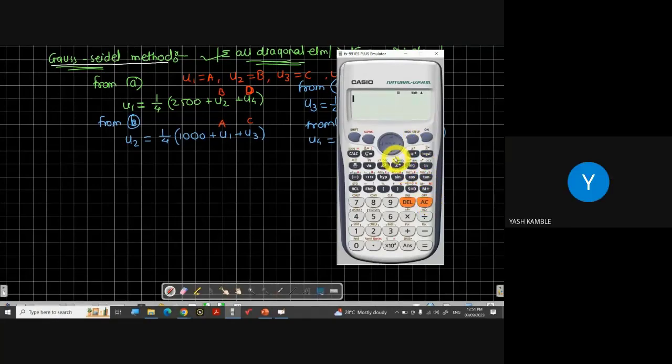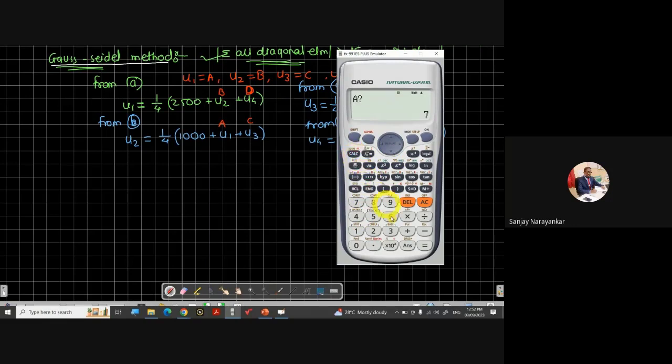Similarly, now that will be in memory, students. I can recall that equation like this. If I'm writing the second equation for U2, I will write like this: 1000 plus alpha A. So the use of calci is very important. This is the trick we are using, and that makes the solution very simple, with less time.